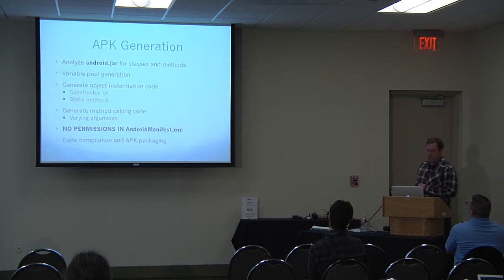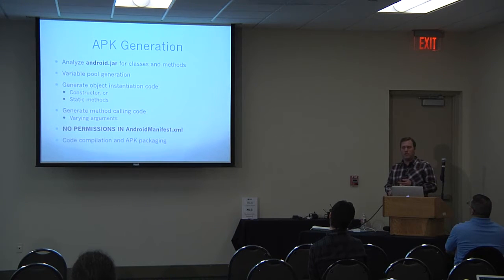In the APK generation, aside from no permissions in the AndroidManifest.xml, there's a number of steps that require real work. And the first is they analyze the Android.jar to see what they actually should be calling, which methods and things of that nature, as well as they look up data types.